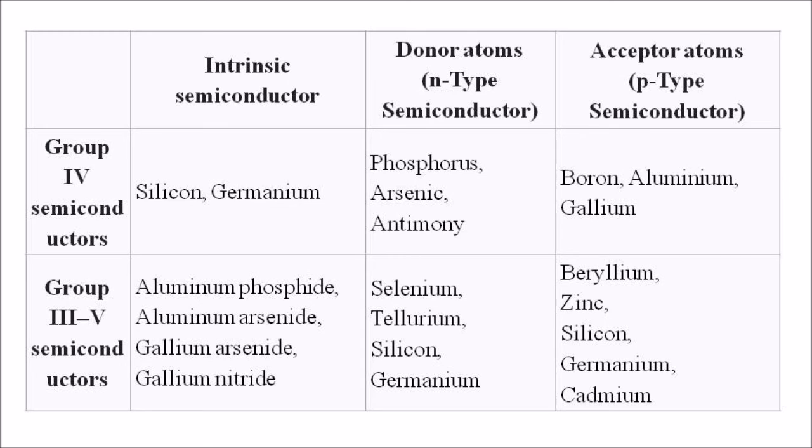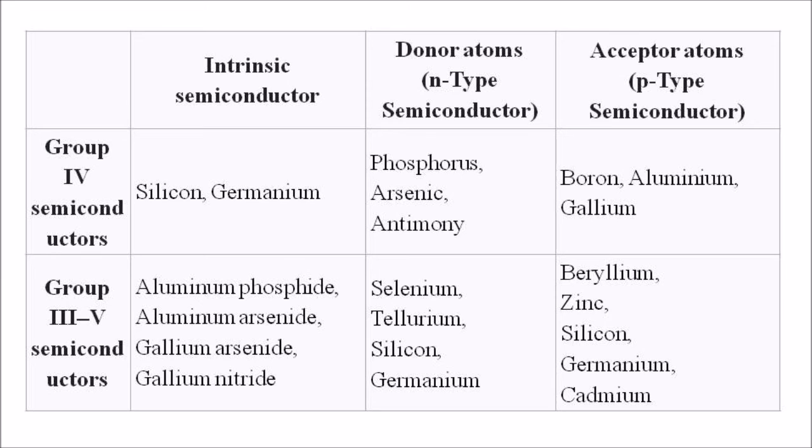In the case of group 3 to group 5 semiconductors, the intrinsic semiconductors are aluminum phosphide, aluminum arsenide, gallium arsenide and gallium nitride. And if we want to convert this intrinsic semiconductor into N-type semiconductor, we should add the donor atoms like selenium, tellurium, silicon or germanium.